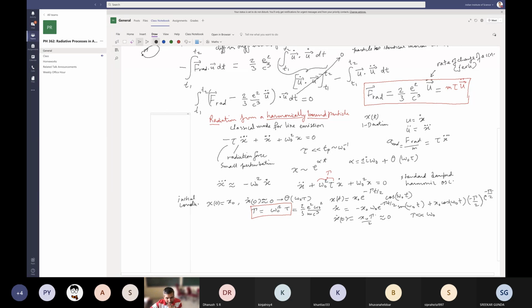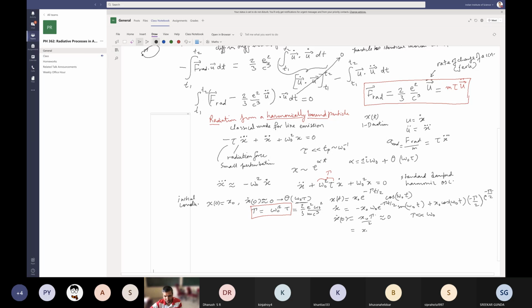Sir, x dot does not reduce exactly to the 0 case, right? It's not exactly 0. It is very close to 0, of order omega naught tau.